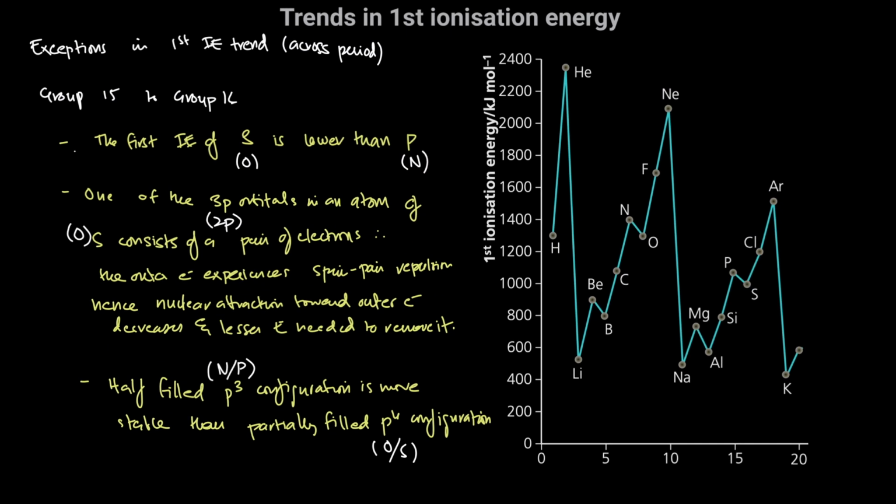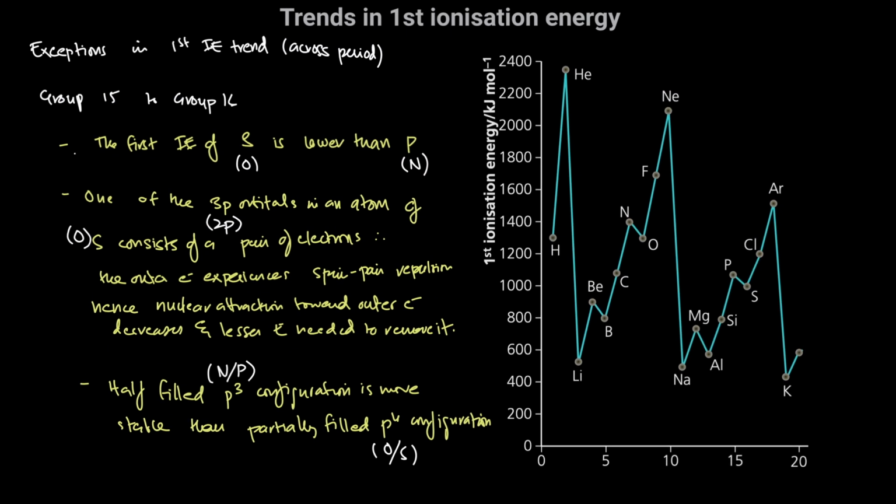So the exceptions that we learned about, okay, one thing I want to clarify here is that if you look at the exception from group 15 to group 16, for example, right, we have spin pair repulsion when we go from p3 to p4, right? So group 15 to group 16, that's nitrogen to oxygen or phosphorus to sulfur.